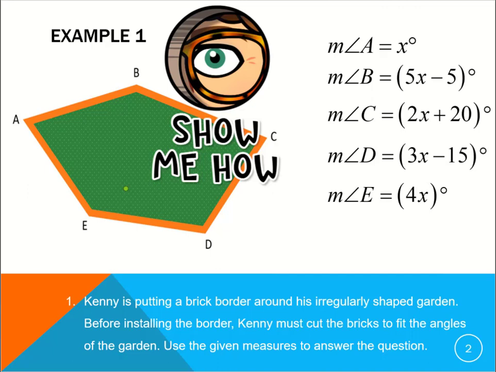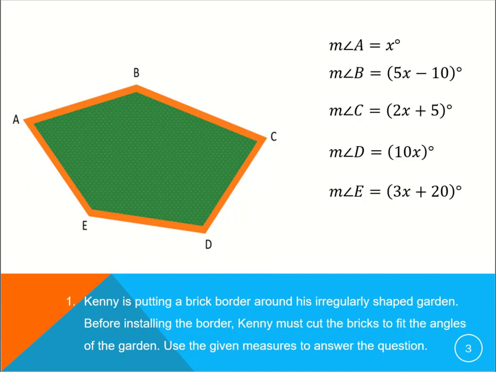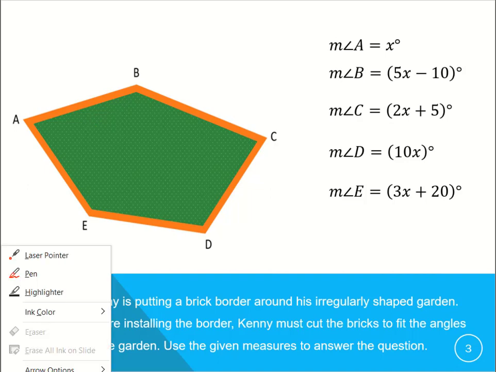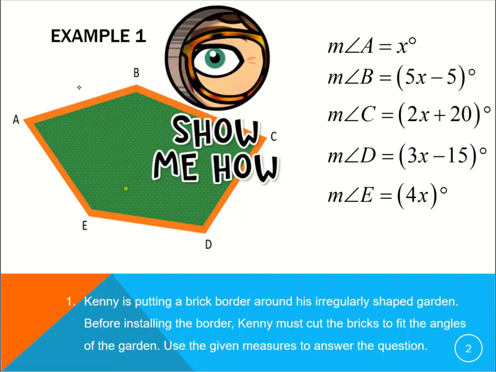The first thing I do is count the number of sides to determine what kind of polygon I have. This has 1, 2, 3, 4, 5 sides. A 5-sided polygon is a pentagon. A pentagon has 5 sides.